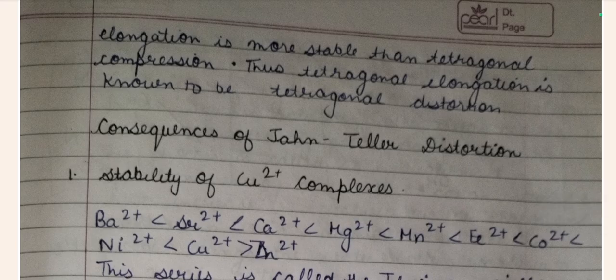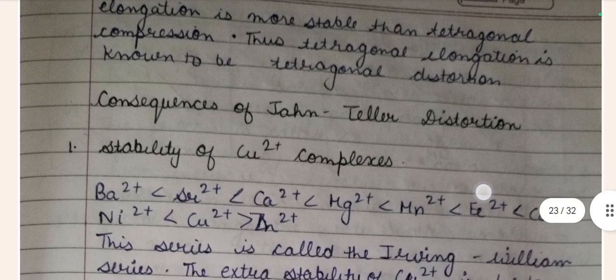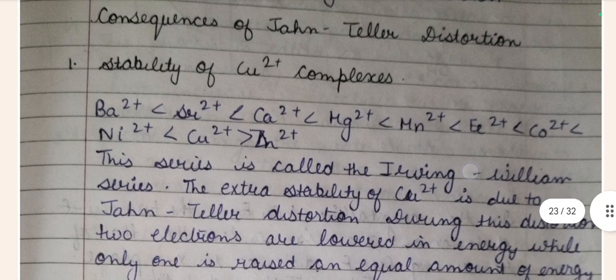Consequences of Jahn-Teller distortion. Stability of Cu2+ complexes. Ba2+, Sr2+, Ca2+, Mg2+, Mn2+, Fe2+, Co2+, Ni2+, Cu2+, and greater than Zn2+.